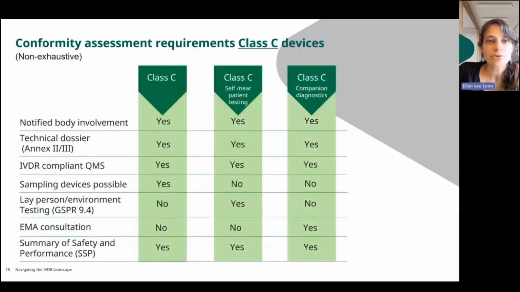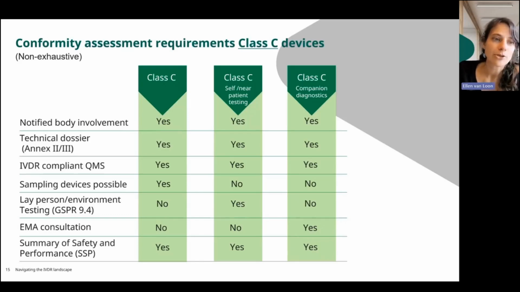For Class C devices, we have a new category, and that's the companion diagnostics. For all Class Cs, a notified body should be involved, a technical dossier is necessary, and a QMS. Also here, sampling is possible for normal Class C devices, but for self, near patient testing, or companion diagnostic, sampling is not possible.